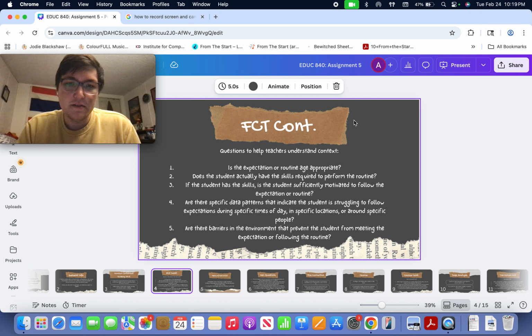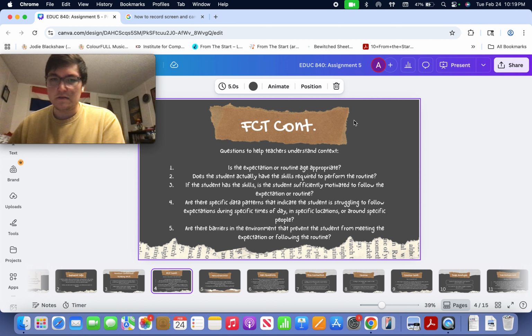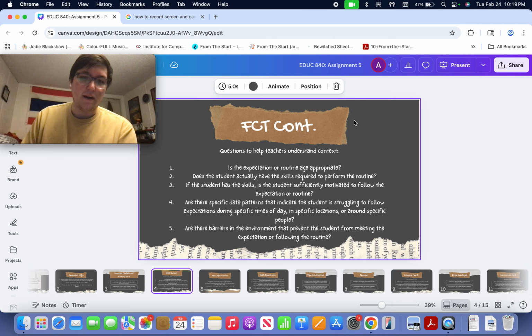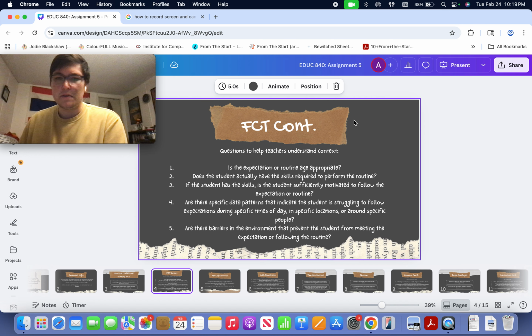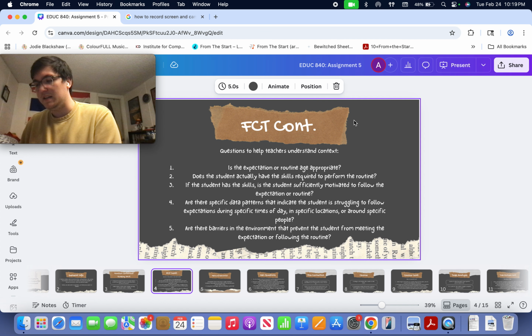Three, if the student has the skills, is the student sufficiently motivated to follow the expectation or routine? Four, are there specific data patterns that indicate the student is struggling to follow expectations during specific times of day, in specific locations, or around specific people? And five, are there barriers in the environment that prevent the student from meeting the expectation or following the routine?